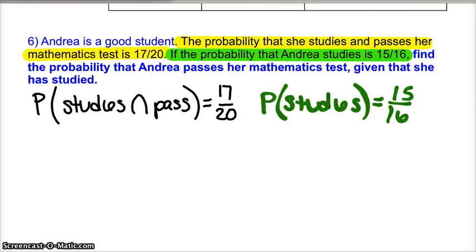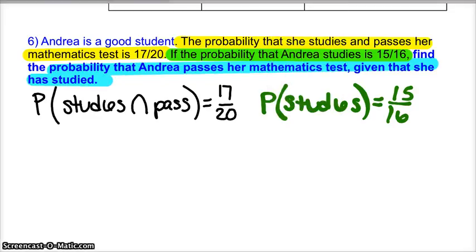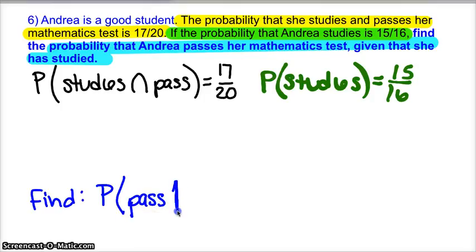So what we're trying to find is the probability that she passes her mathematics test given that she studied.